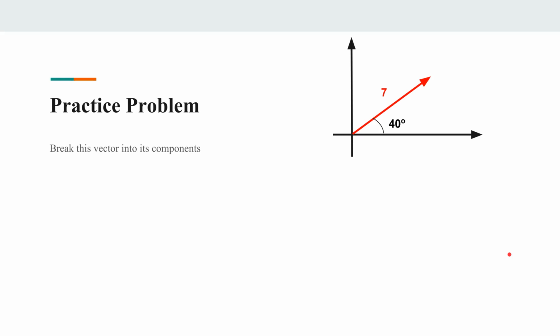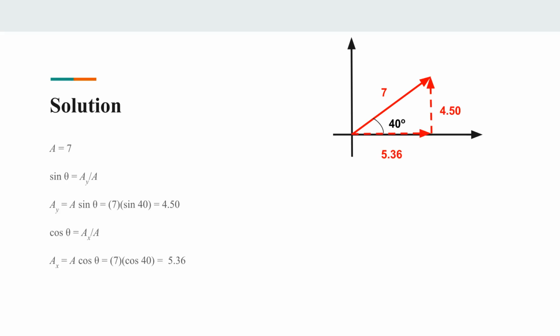So here's a practice problem. Break this vector into its components. I'm just going to assign a value A to equal 7. It will help with the notation and actually writing it down.